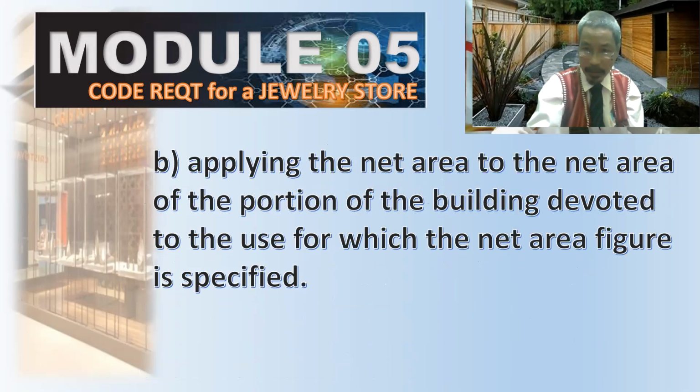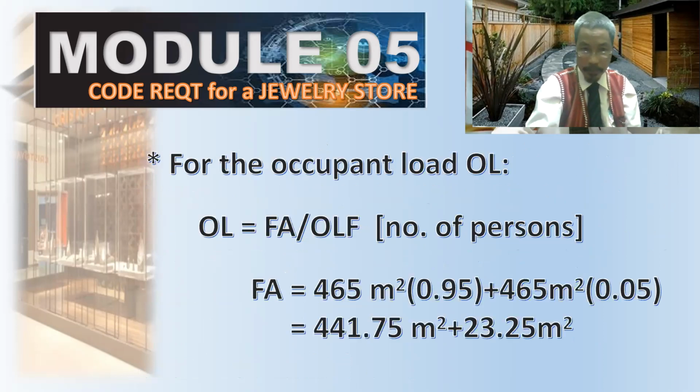B, applying the net area to the net area of the portion of the building devoted to use for which the net area figure is specified. Just uniformly apply whichever is the required net area or gross area. For the occupant load, therefore, we have the following.